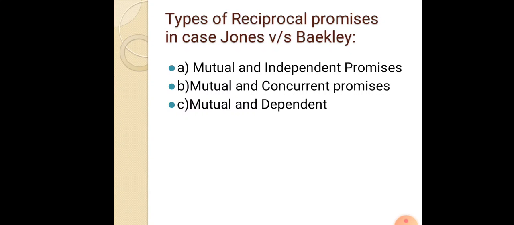For example, X agrees to build a house for Y. Y agrees to supply the required cement for the construction of the house. The promises are mutual and dependent. So these are the three types of reciprocal promises.